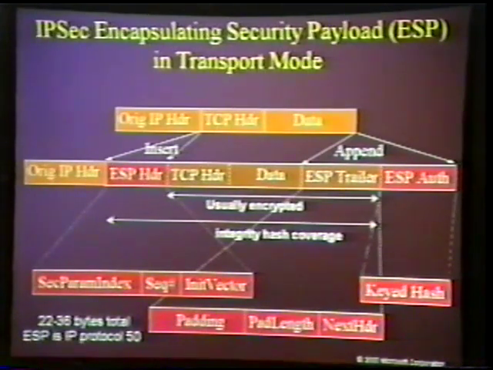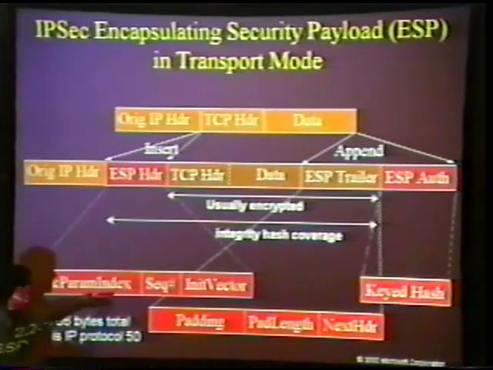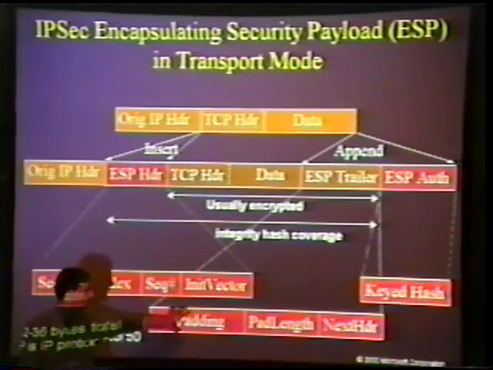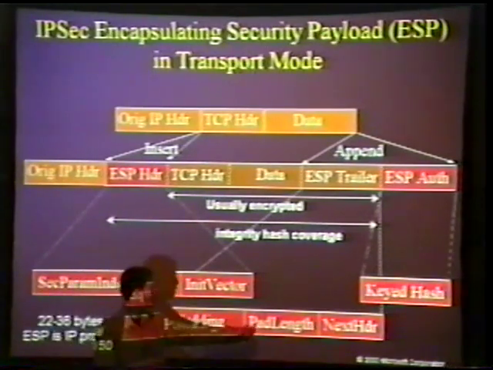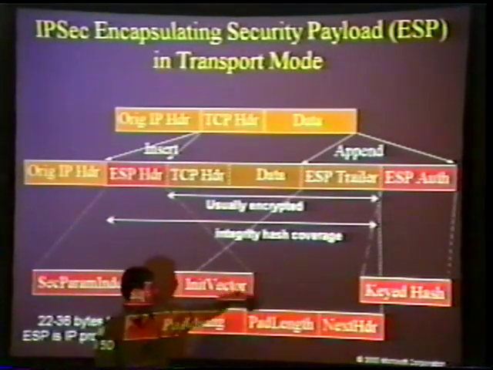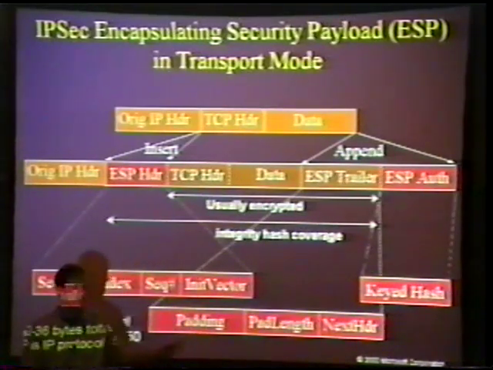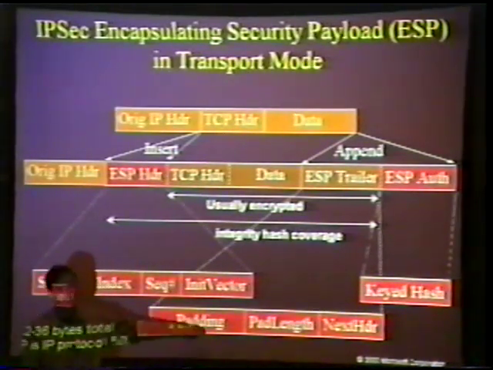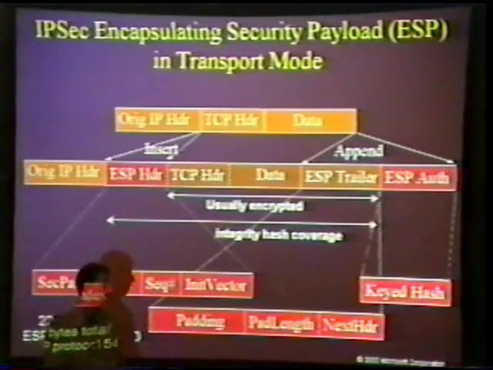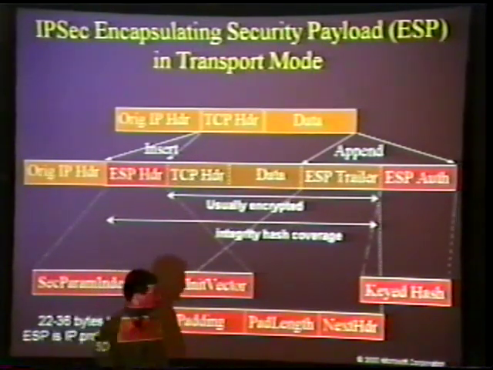So if your data comes in and it's not on a 64-bit boundary, you've got to add a few bytes to make it align on a 64-bit boundary, and that's what padding is doing. So inside the packet, once you decrypt it, you can check to see that the pad length is, in fact, the padding that is added. And there's a spec on how to do the padding. It should be a monotonically increasing byte number.